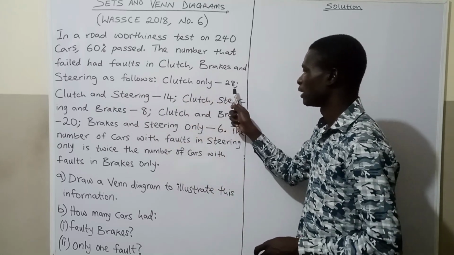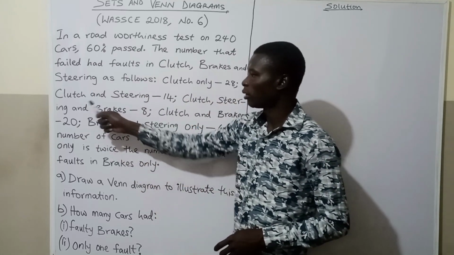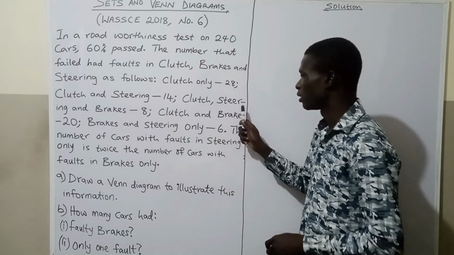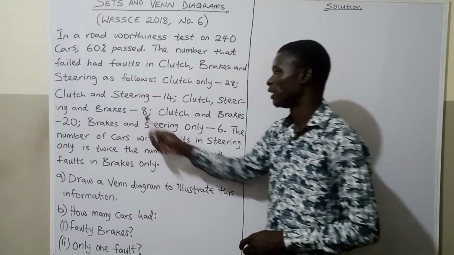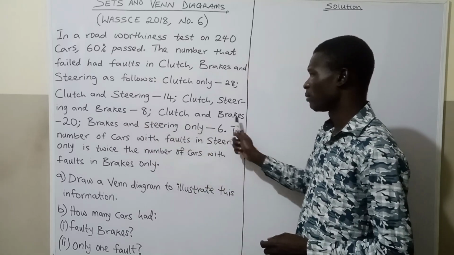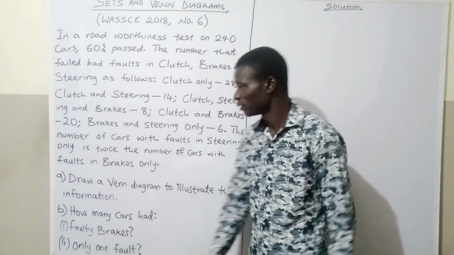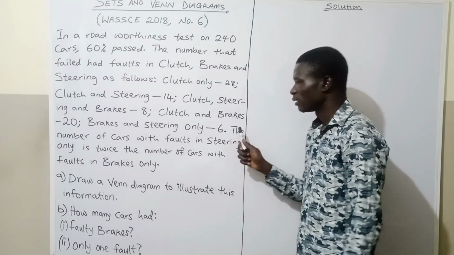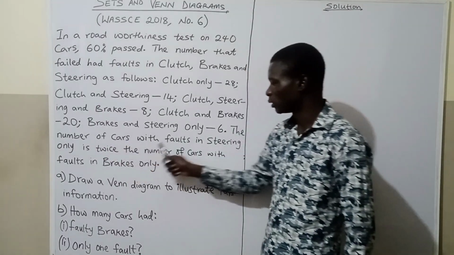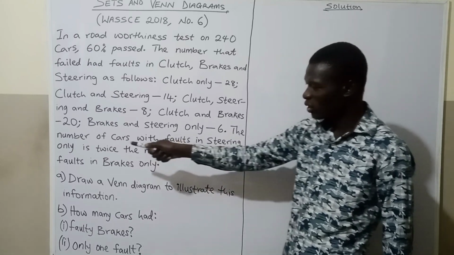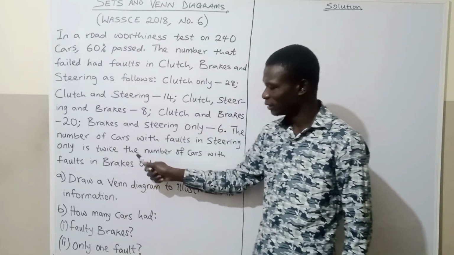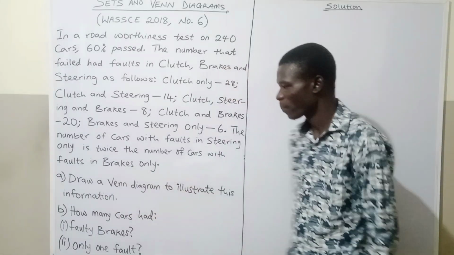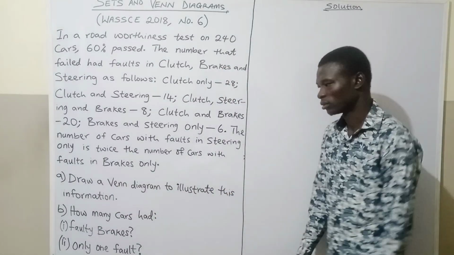Clutch only 28, clutch and steering 14, clutch, steering and brakes 8, clutch and brakes 20, brakes and steering only 6. The number of cars with faults in steering only is twice the number of cars with faults in brakes only. Now on to the question.